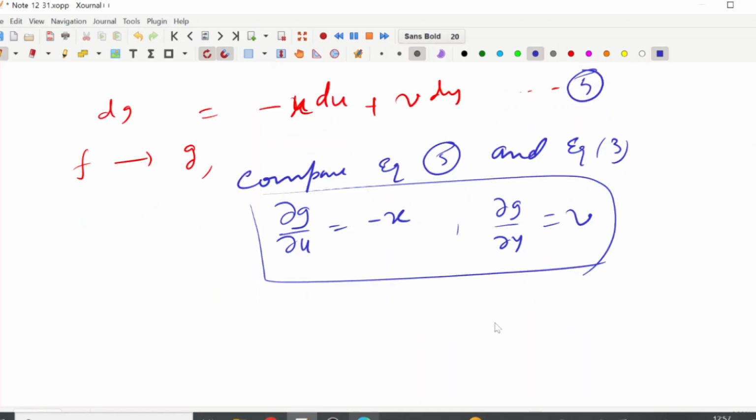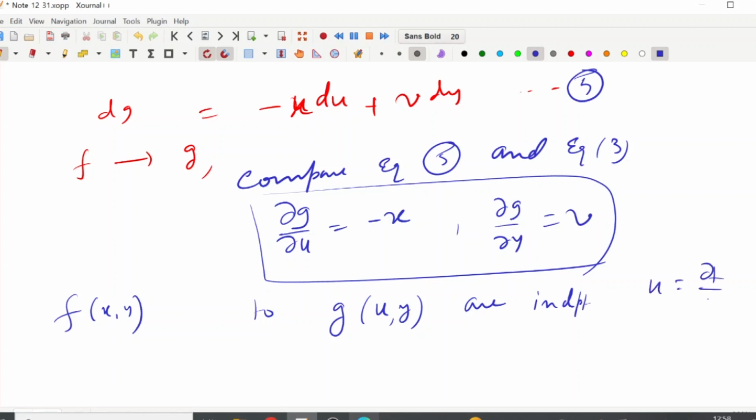So, what is the moral of the story at this point? That by Legendre transformation we can go from x, y, where x and y are independent variables, to g, where u and y are independent variables, where u is del f del x. Okay.